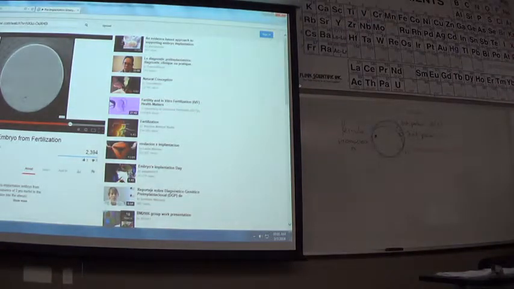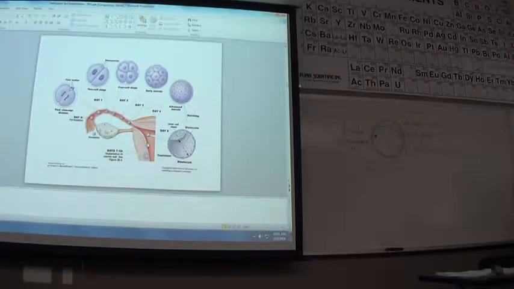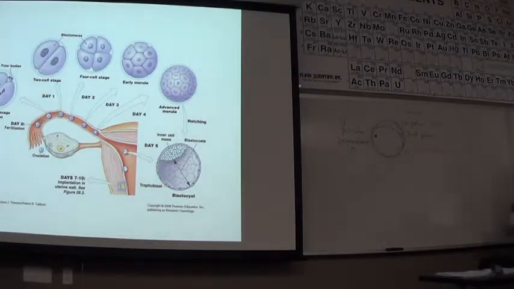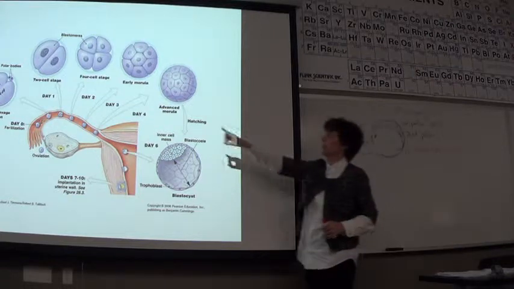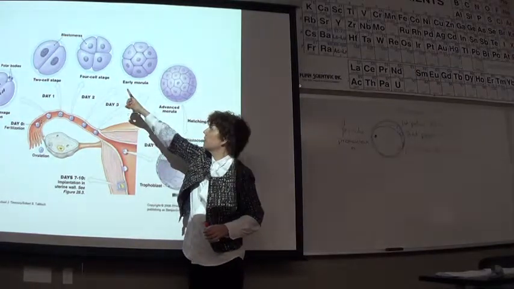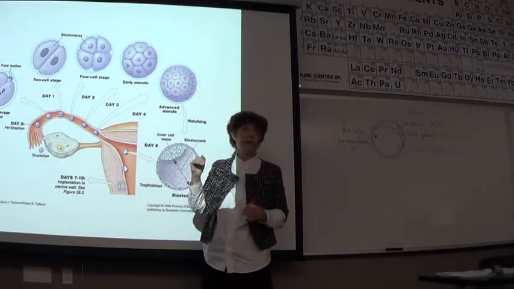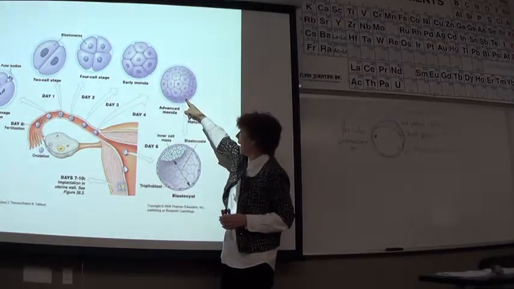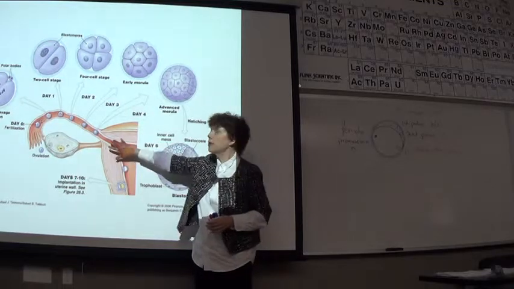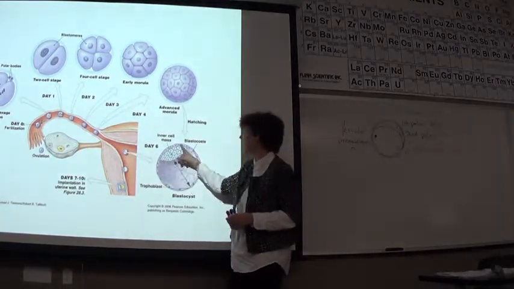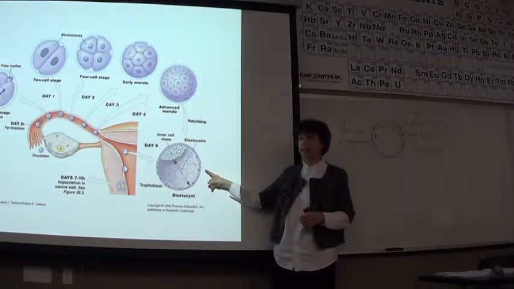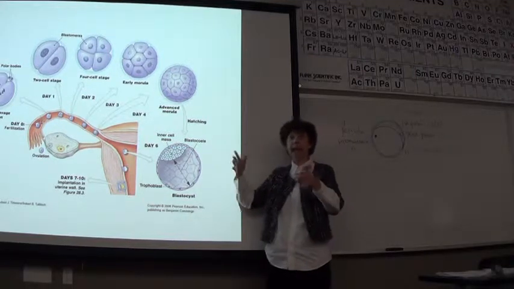So if we go back to our PowerPoint image here, that was the different components of cell division that you saw. Remember, all the polar bodies are still captured within this zona pellucida. And then we have the solid stage, and then just as it enters the uterine cavity, we form the blastula. Okay? Now this is on the average.